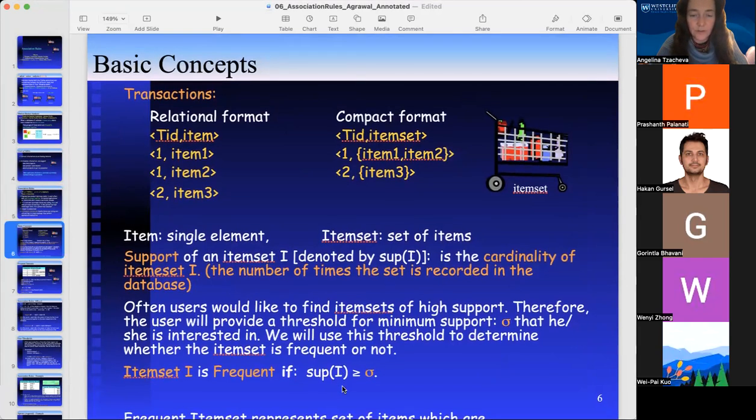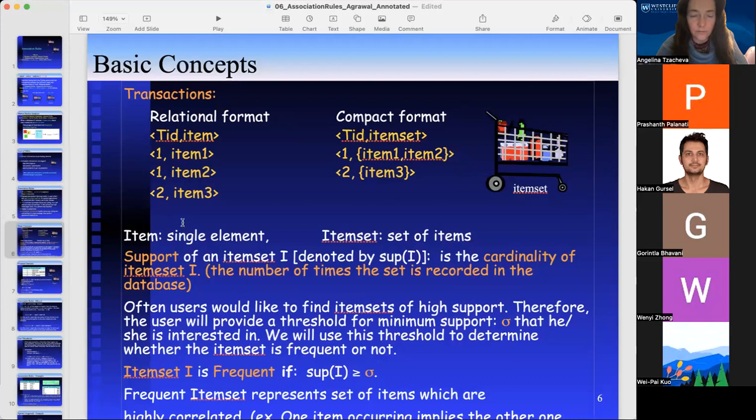So here are some transactions. Okay, so we have all those transactions here, and they are made of items.